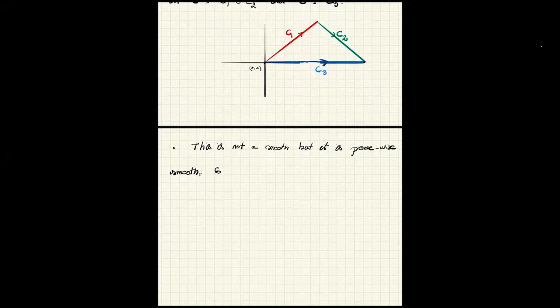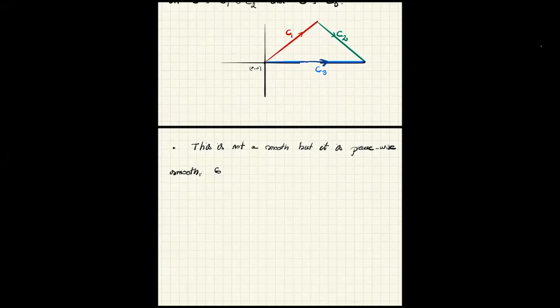In general, you have to find a parameterization, but here's the parameterization. This remains true: C1 and C2 is not a smooth curve, but it is piecewise smooth.